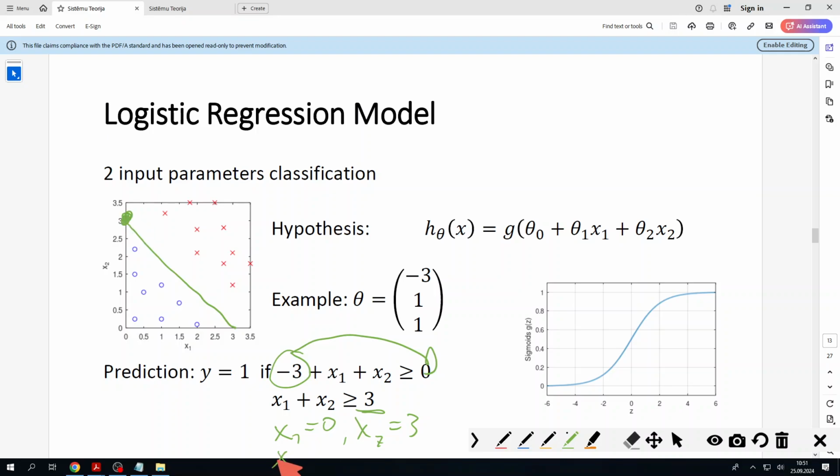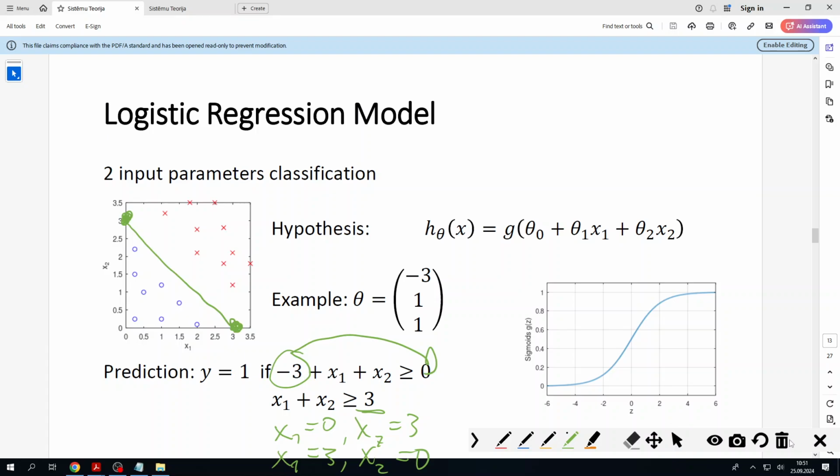The other point is the opposite: x1 equal to 3, x2 equal to 0, which is this point. Then you simply connect these 2 points with a straight line, because you know a straight line needs at least 2 points to be constructed. And you get this solution in graphical form as well.